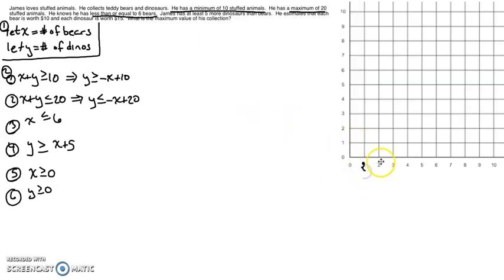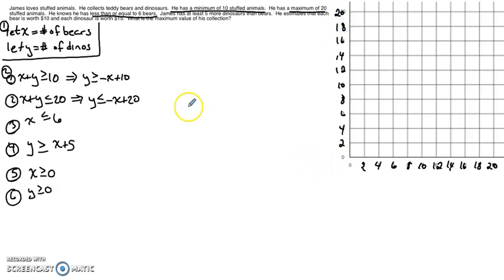So this one is 2, 4, 6, 8, 10, 12, 14, 16, 18, and 20. And we'll do the same thing on our y-axis: 2, 4, 6, 8, 10, 12, 14, 16, 18, and 20.